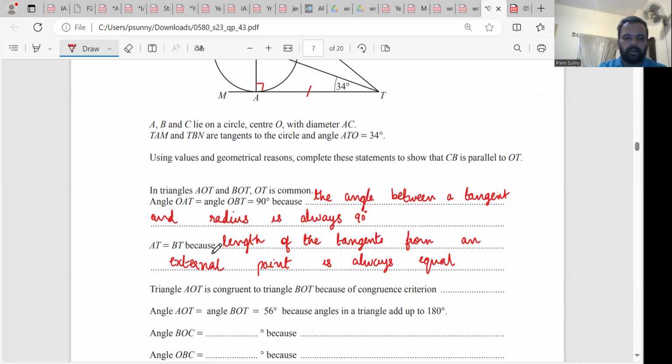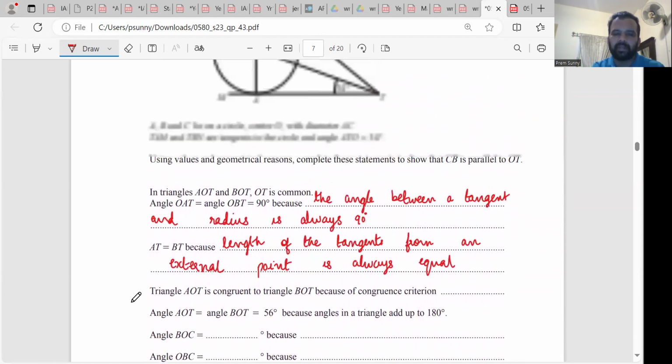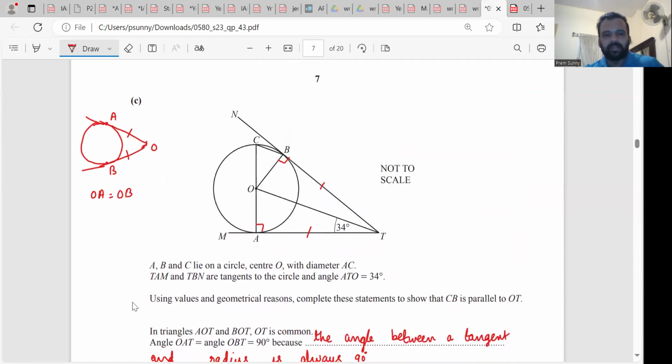And now triangle AOT is congruent to triangle BOT because of which congruence criteria? We need to prove that these two triangles, AOT and BOT, are congruent. Which criteria are they asking? We know that they both are right angle triangles because angle OAT is equal to angle OBT is equal to 90 degrees.